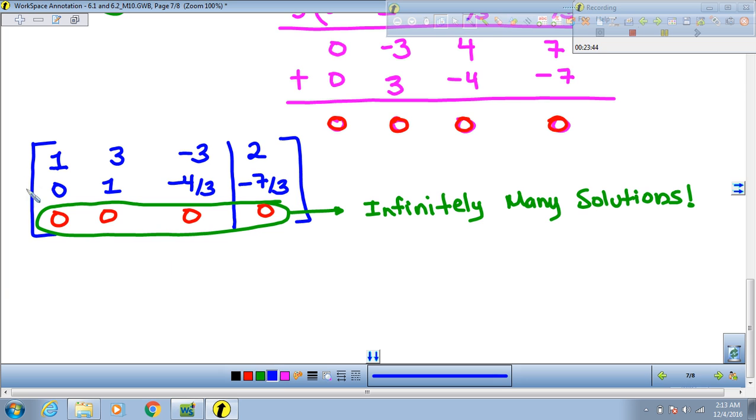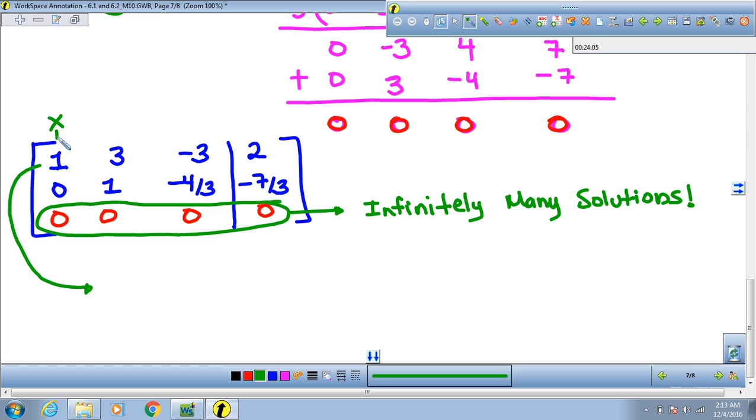You need to write equations down with what you have in the matrix. So for example, this one is going to be an equation. You know that this column is x, this column is y, this column is z.